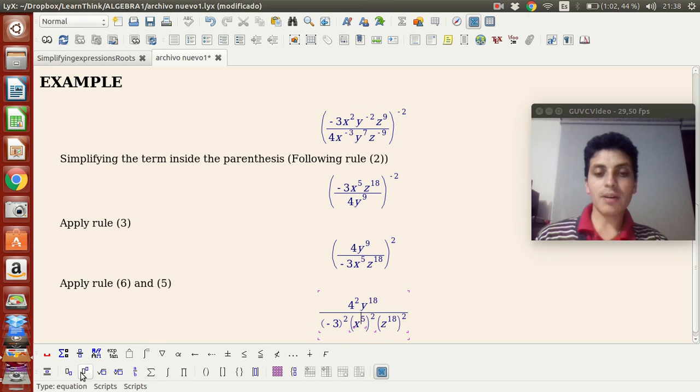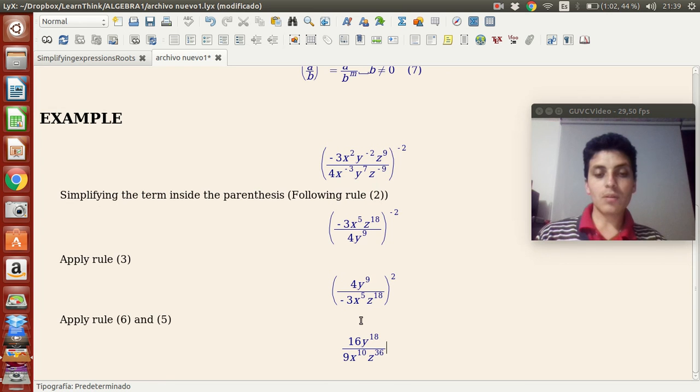So let's simplify. 5 times 2, 10, so x to the 10th power. 18 times 2, 36, z to the 36th power. Negative 3 to the second power is 9. And 4 to the second power, 16.